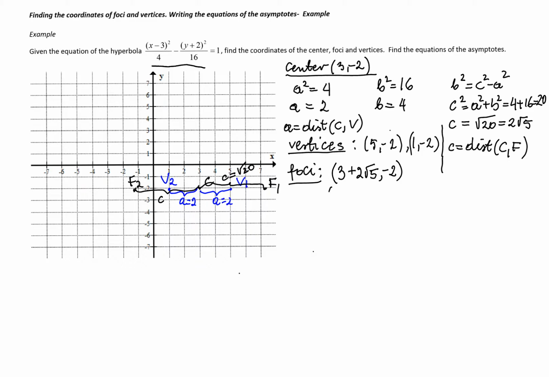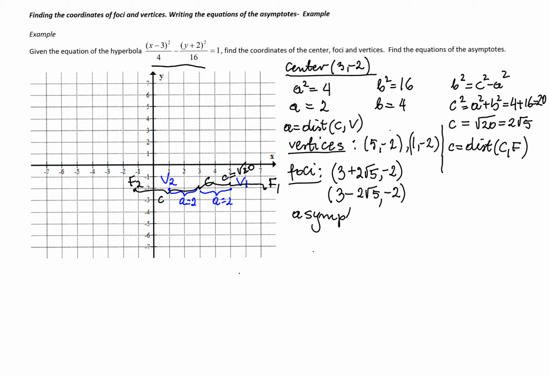For the focus f sub 2, we decrease the x-coordinate by 2 square roots of 5, and the y-coordinate stays unchanged. So these are the foci. So now what we need is the asymptotes.